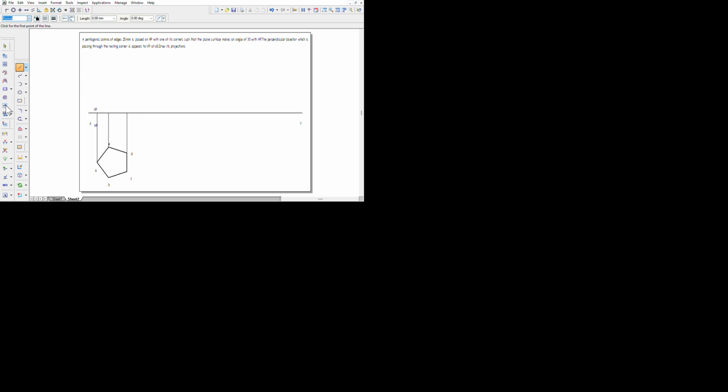Let's take a visible line. Let's name this as A dash, B dash, E dash because E dash is not visible, and this as C dash, E dash.